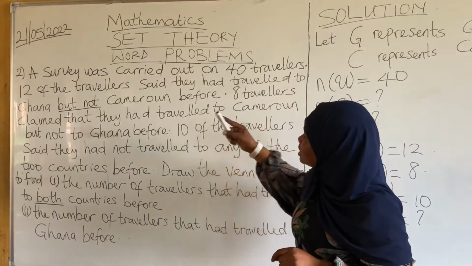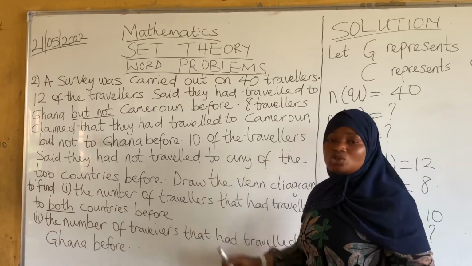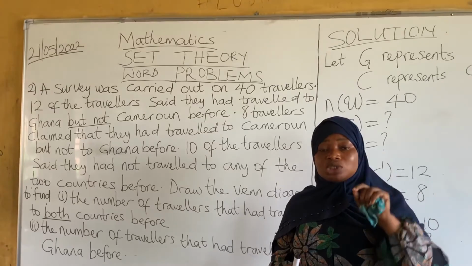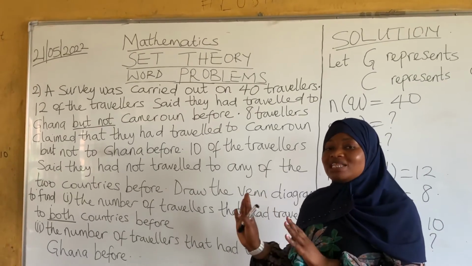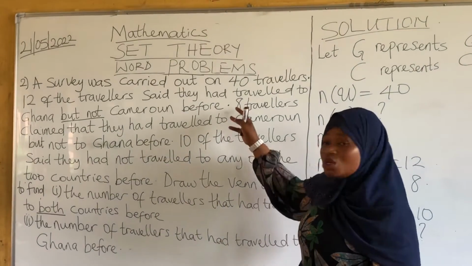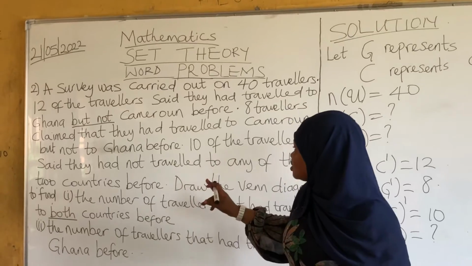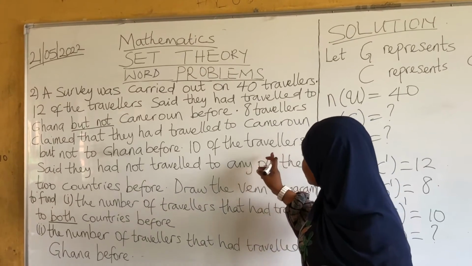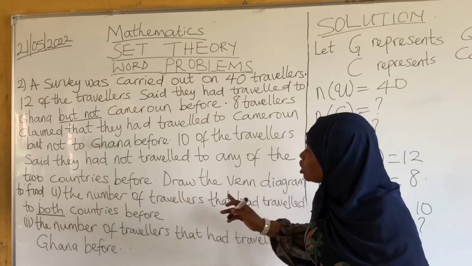And 8 travelers claimed that they had traveled to Cameroon but not Ghana before. So those that have traveled to only Cameroon but have never gone to Ghana before. That's the meaning. So they were 8. 10 of the travelers said they had not traveled to any of the countries before.